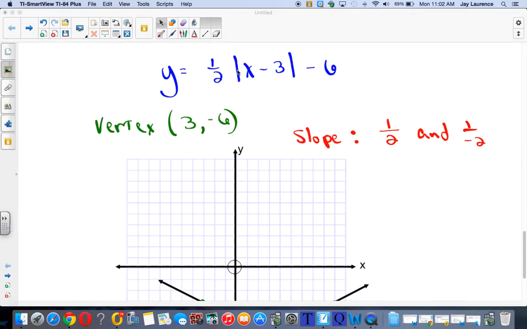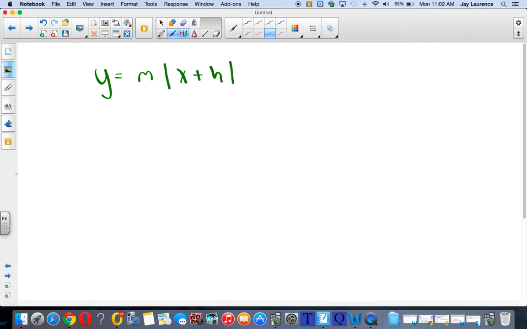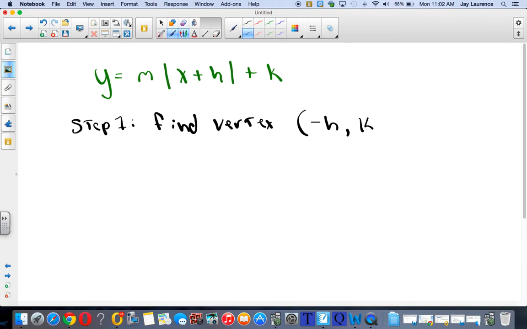So, to graph an absolute value function, let's go y equals m times absolute value of x minus h, plus k. Okay, so to graph an absolute value function, step 1, find the vertex. And the vertex is the negative of h and the actual value of k.